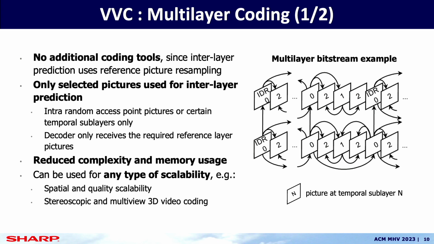There is this interesting concept that you can of course use inter-layer prediction from base layer to enhancement layer, but you can designate that I'm only going to use IRAP pictures for inter-layer prediction, or I'm only going to use temporal ID 0 and 1 pictures for prediction of enhancement layers.